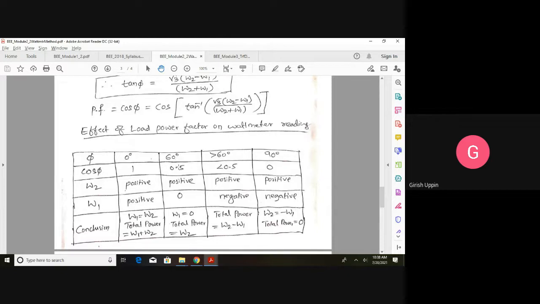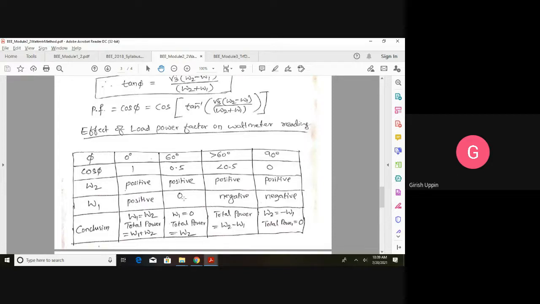But if it is 60 degrees, wattmeter 2 is VL IL cos(30 − 60) degrees. Cos of minus 30, I get a positive value. And in case of wattmeter 1, VL IL cos(30 + φ). What is φ? 60. 30 plus 60 is 90 degrees.